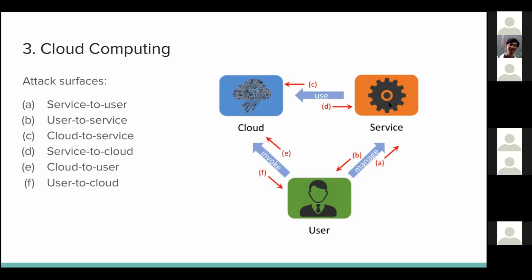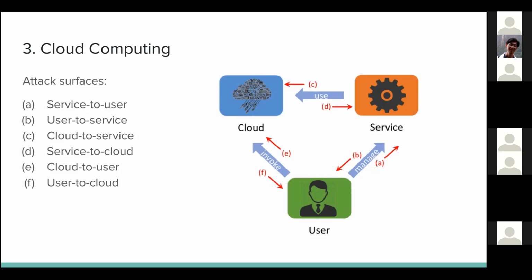If my user is communicating with a service, the attacker can exploit the communication from my user to the service, or modify or intercept the communication between the service and the user. Each of these areas of communication is a potential surface for an attack.